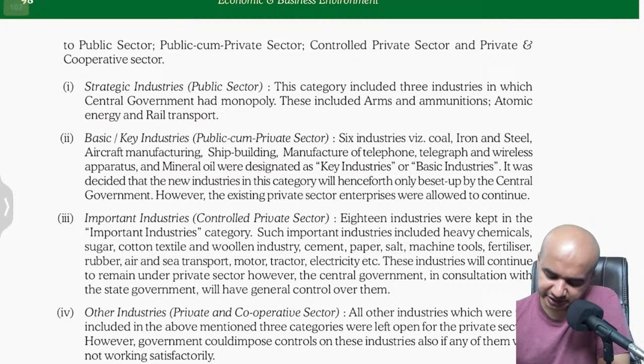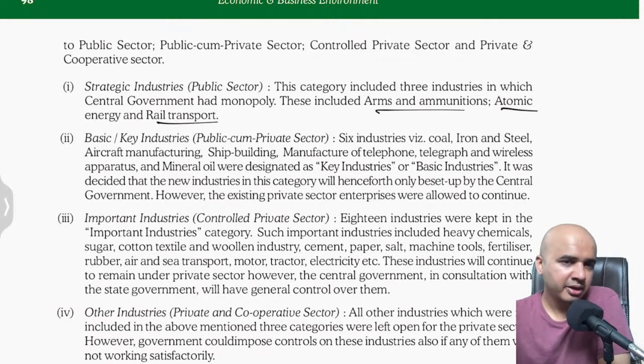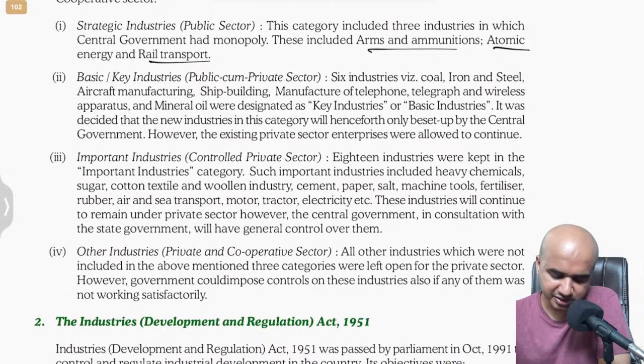Strategic industries. Basically, in the public sector, the government wanted to get into manufacturing in a few areas like arms and ammunition, atomic energy and rail transport. They didn't want any private players in those industries. Basic key industries, public cum private sector. Which are those?